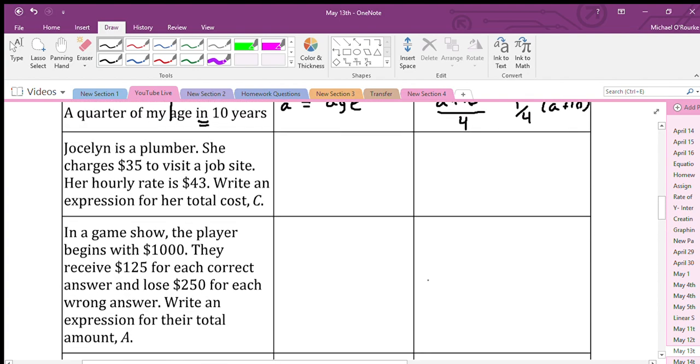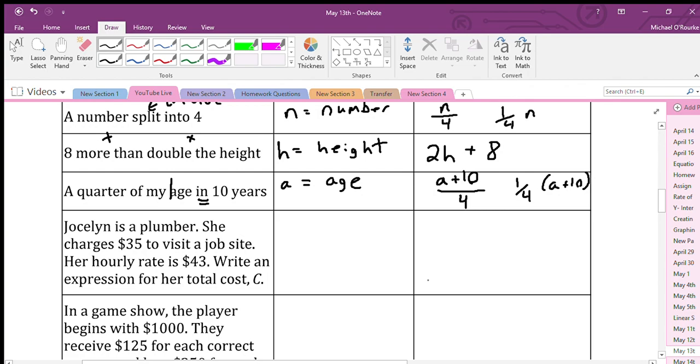Oh, this one's going to be easy for you. You've done this one multiple times. So pause it here, and let's see if we can get this done. All right, Jocelyn's a plumber. She charges $35 to visit the job site, and her hourly rate is $43. Write the cost expression.